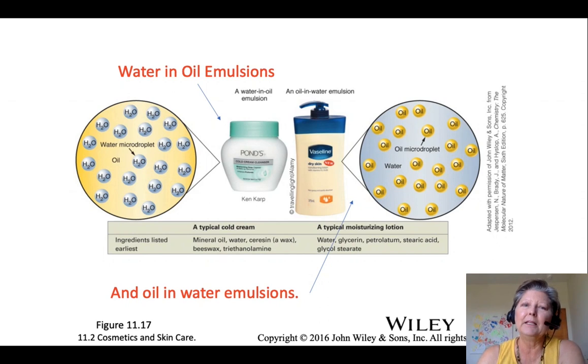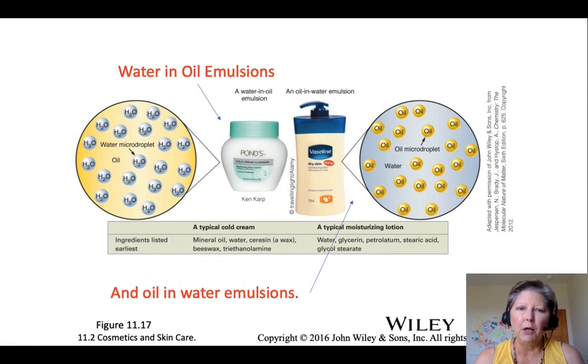The main types of skin moisturizers that there are are either water and oil emulsions or oil and water emulsions. And I know when I go to the store to buy a lotion or a cream, I look at the ingredients, but then I'm a chemist, because they do tell me something.